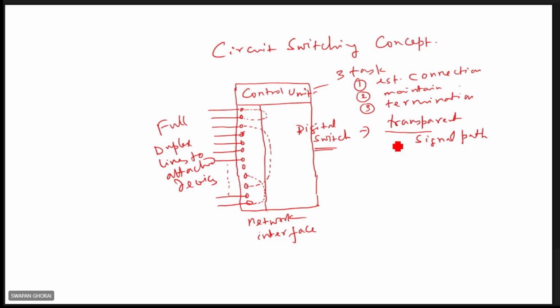And one thing I told you here, the terms blocking and non-blocking are used. The important characteristic of this circuit switching device is that you have to see whether it is blocking or non-blocking.